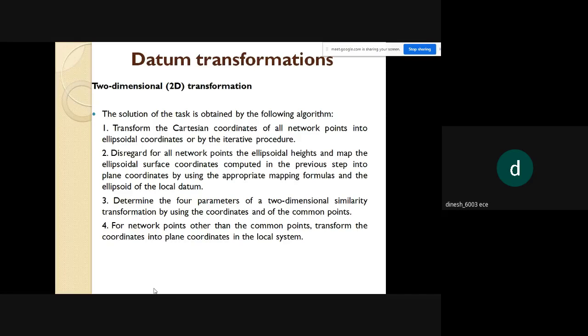Then determining four parameters of two-dimensional similarity, and at last transforming them back to the plane coordinates in the local system. This is what it is.